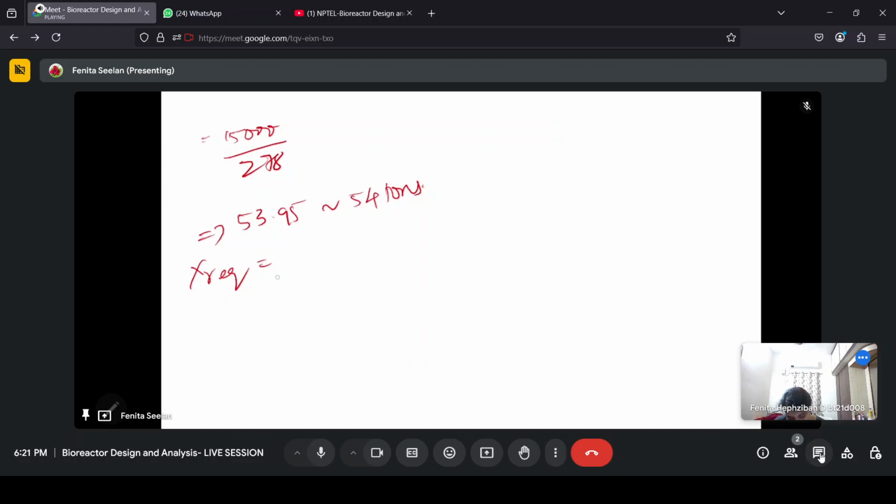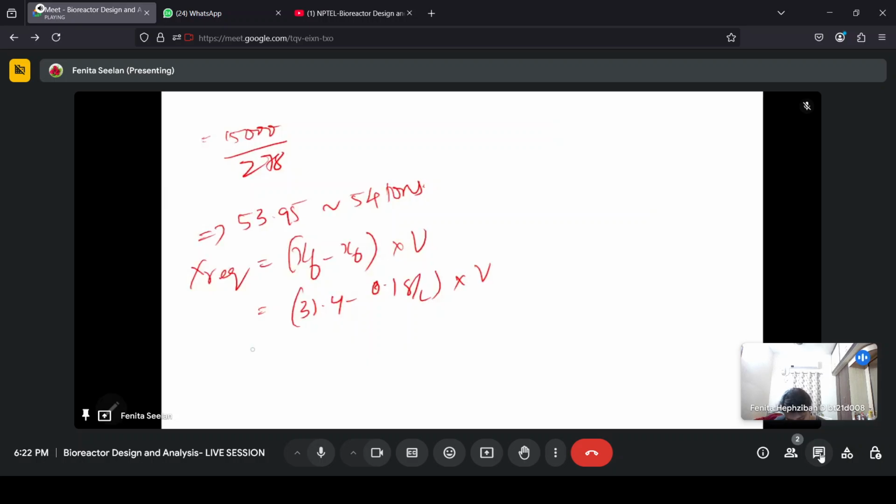So now from here you calculate the volume. So we know that the total biomass X, we can calculate it from XF minus X naught into V, which we know already, into V. So it will be 54 divided by 31.3 gram per liter.